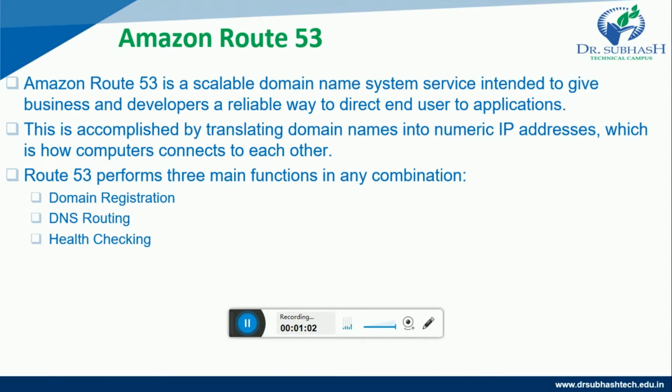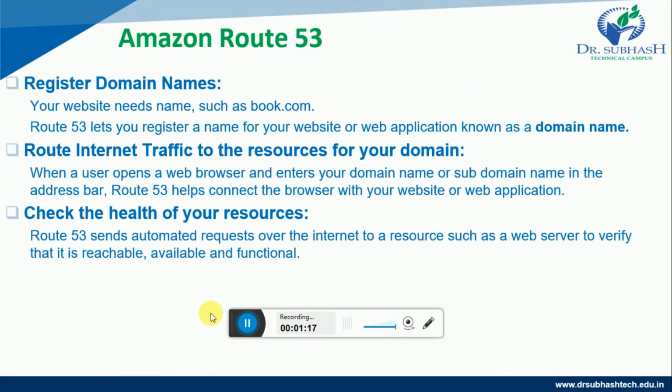Route 53 performs three main functions in any combination. The first one is domain registration, second one is DNS routing, and third one is health checking. Now let us understand registered domain names. Your website needs a name such as book.com.